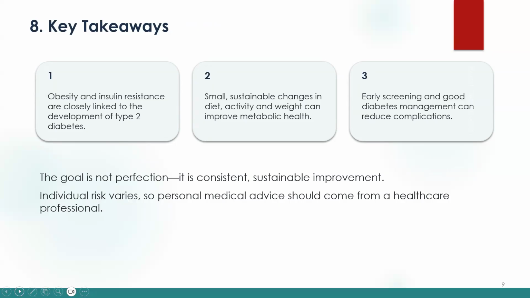Third, healthy eating, regular physical activity, appropriate weight management, adequate sleep, and stress control are involved in the reduction of metabolic risk, that is obesity as well as diabetes. Early screening and proper management can help to prevent or delay both these complications.